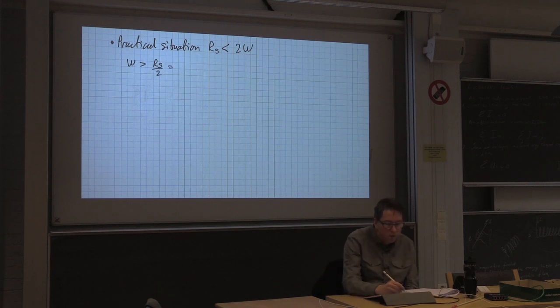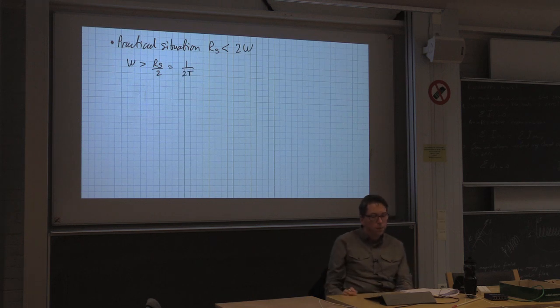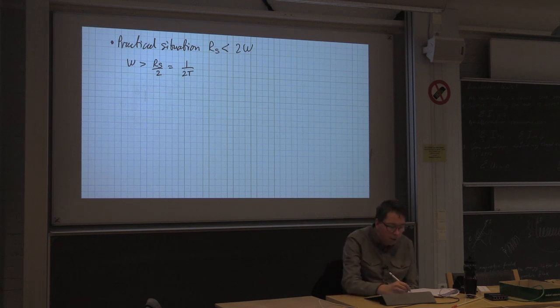And Rs is 1 over T, so Rs over 2 is equal to 1 over 2T. So we can write W equal to a little bit more than 1 over 2T.